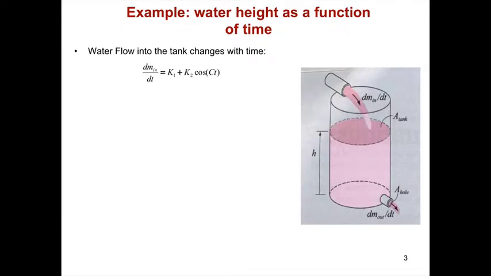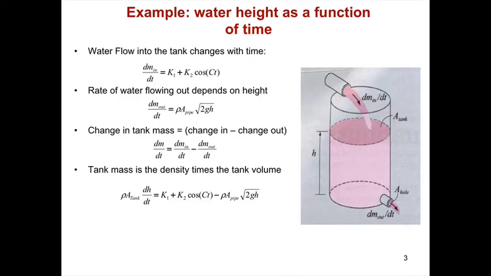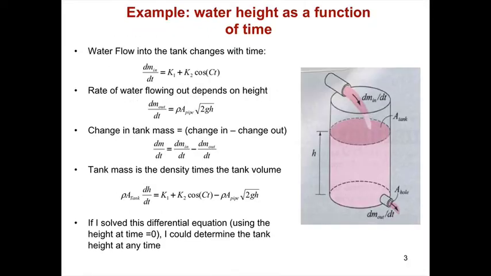All right, so we had an example where I arrive at a differential equation for how the height changes in time for this tank. Part of the problem is that the discharge rate from this tank actually depends on the height itself.